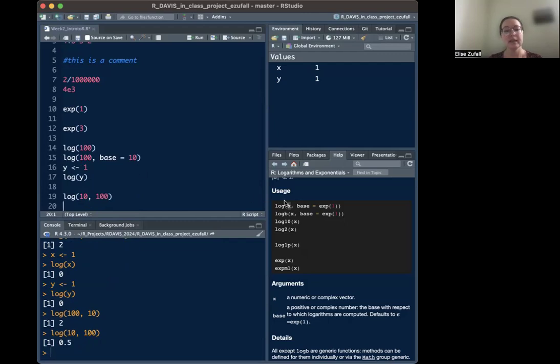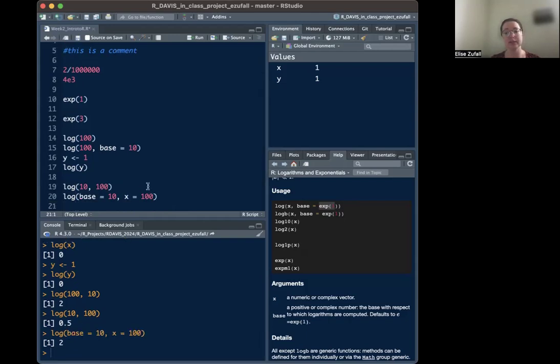That's because this function assumes that the number you want to evaluate the log of is always going to be the first argument, and then the second one is going to be the base, unless you explicitly specify. So for instance, if we said log of base equals 10, x equals 100, now we've specified and we've told it which arguments are which. So now if we evaluate it, it's going to go back to 2.